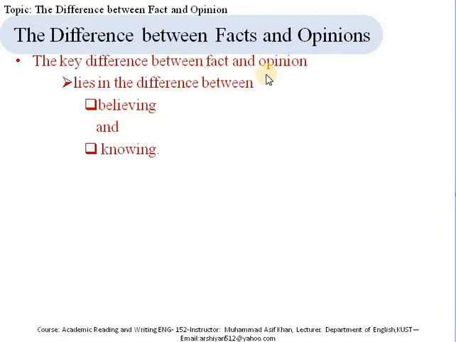Whereas when we have a belief or an opinion about something, actually we are supposing, or thinking, or assuming that this thing might have happened, or might be true, or might exist in this world. So the difference lies between believing and knowing.